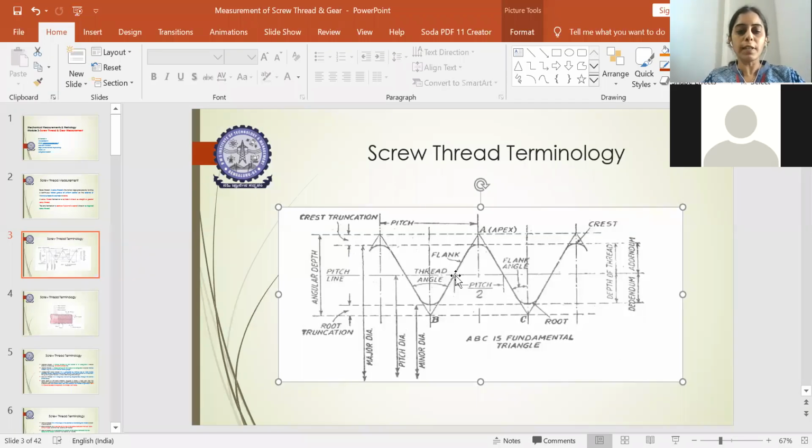After this you should know what is meant by the major diameter and the minor diameter. Major diameter is the radial distance which will touch either the crest or the root of either the external or the internal thread. Similarly, the minor diameter you can see clearly in the next sketch.